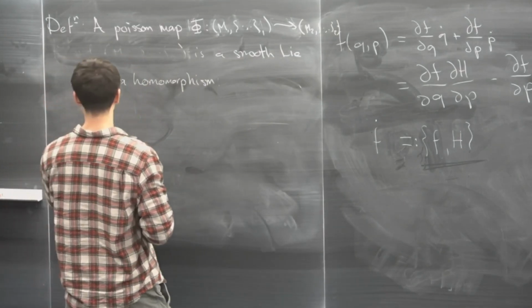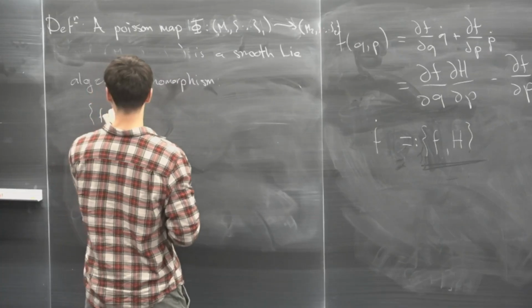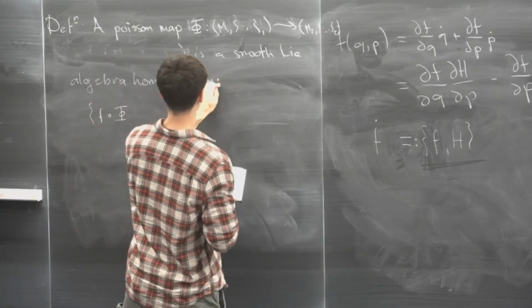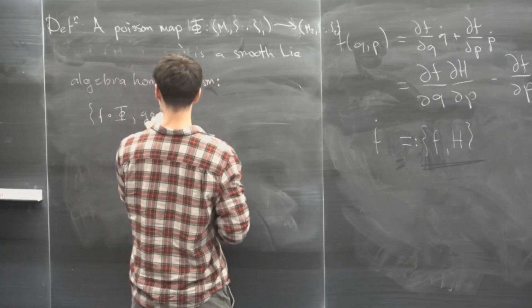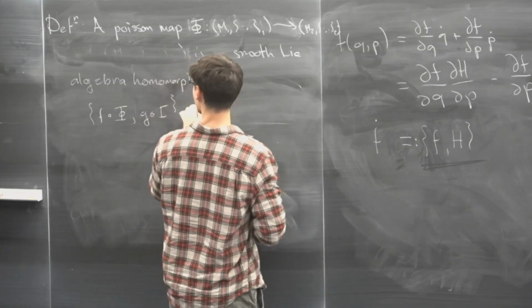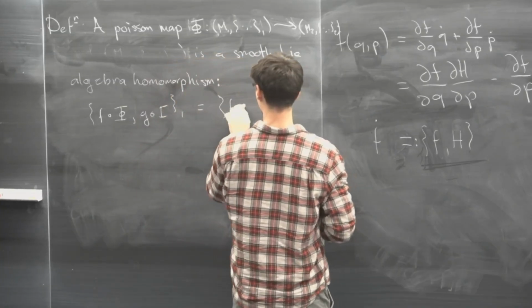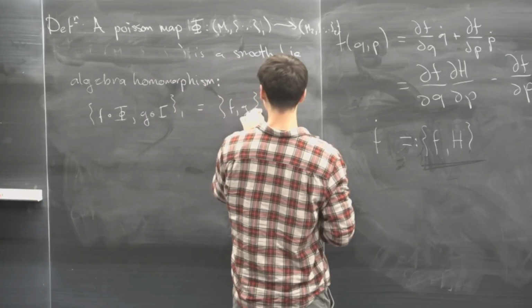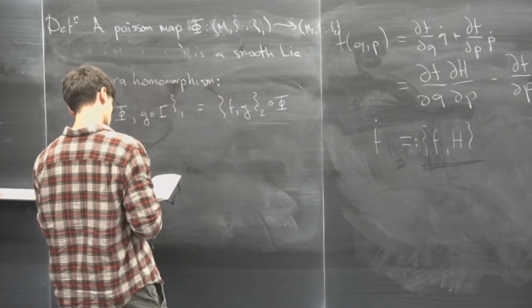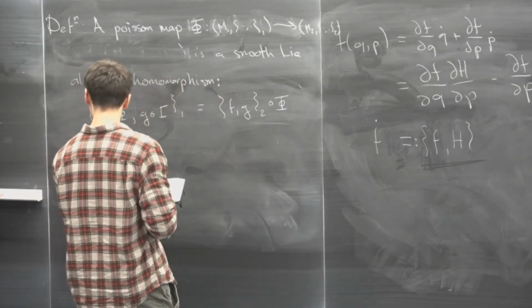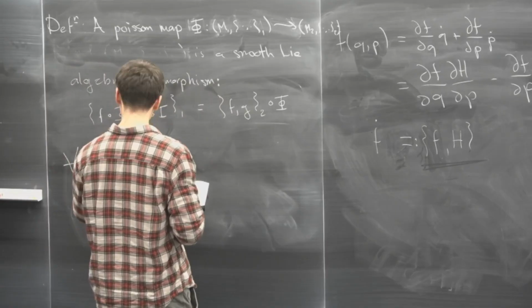What do I mean by that? I mean for any f and g, the bracket of f composed with phi and g composed with phi on one is equal to the bracket of f and g on the other, composed with phi. These are elements on the manifolds.